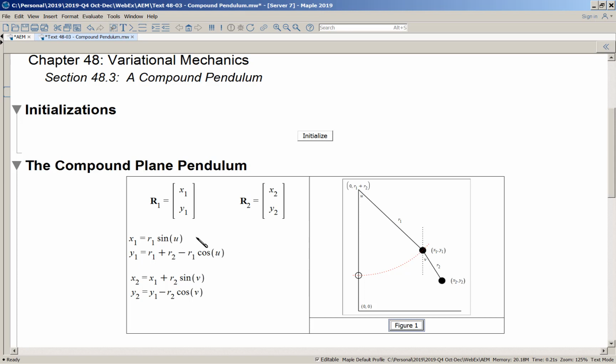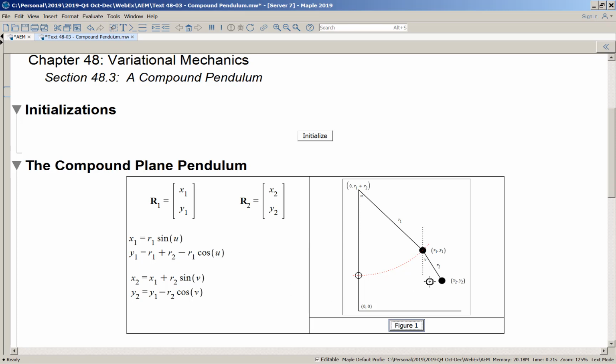And what are those coordinates? The coordinate for x1 is R1 sine u. You can see the right triangle you would get if you drew a horizontal line, and this piece is R1 sine u. Then this piece is the full height, R1 plus R2, less this piece, R1 cos u, and that would leave you this amount, which would be the y1 coordinate.